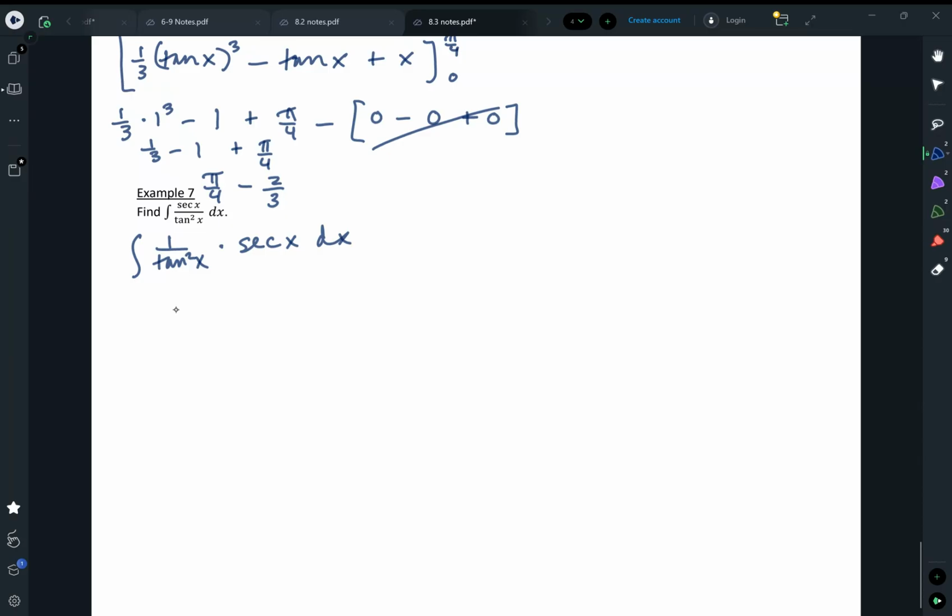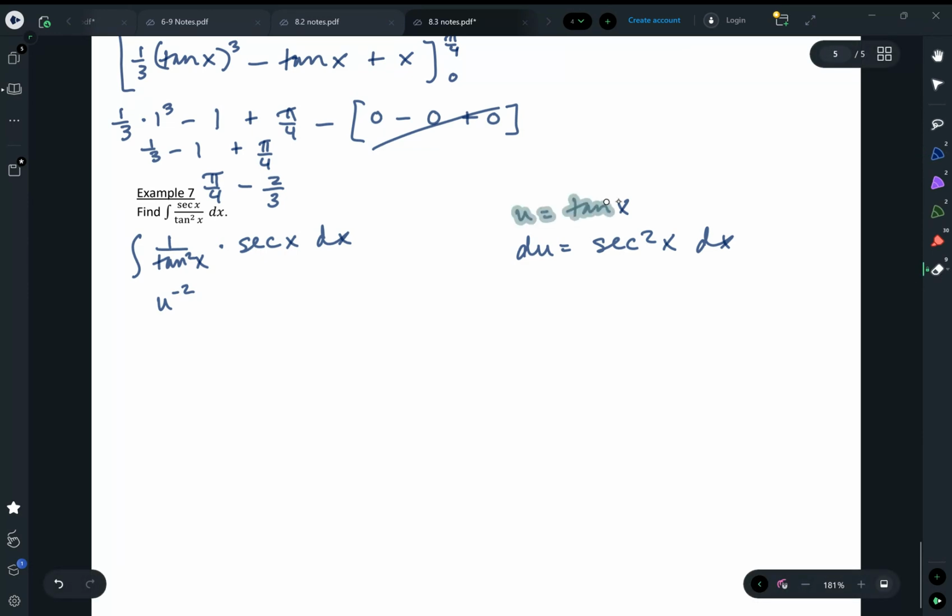If our u was tangent x, then we could have a u to the negative 2 power, but then our du would be secant squared x, and we don't have that. So this just really isn't working, is it?